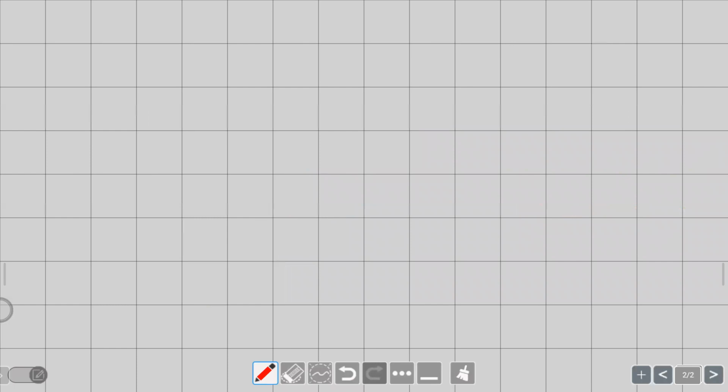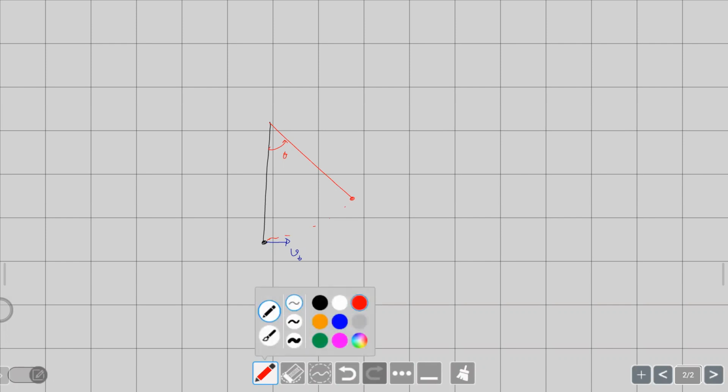Okay, so let's see how we will work that out. The particle started here. Now by the time it has come to this position, by traveling through a circular path like this, how much has its vertical displacement become?